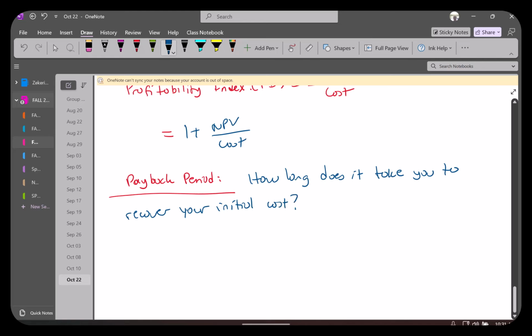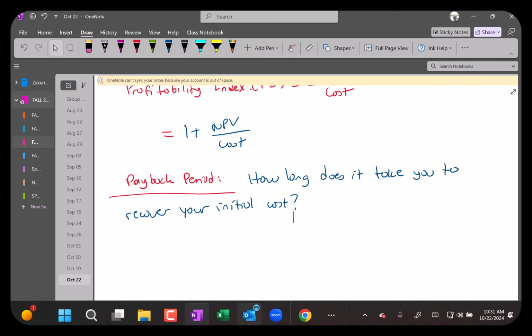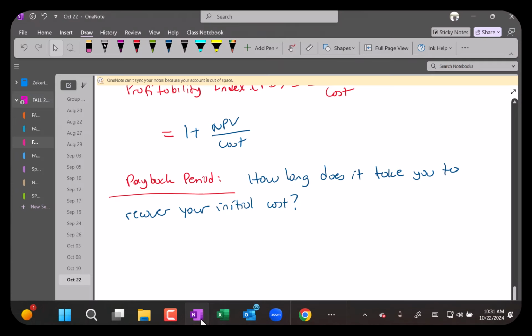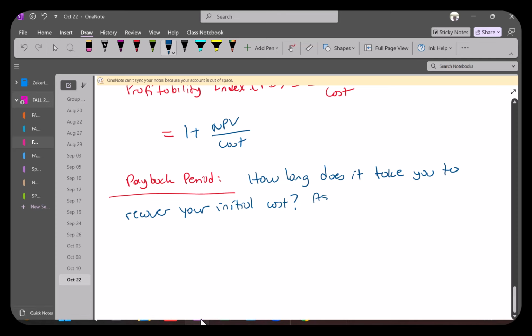On this project, I put in $50,000. How long is it going to take me to get that money? We're going to make a simplifying assumption. And we're going to assume that cash flows for a given period come in at a uniform rate.